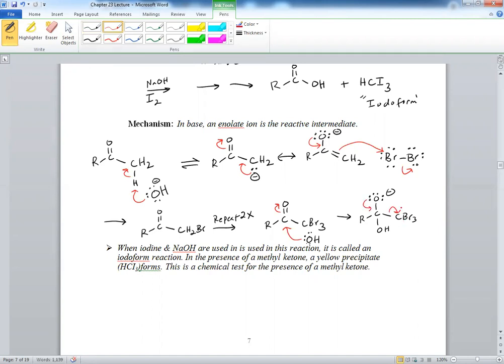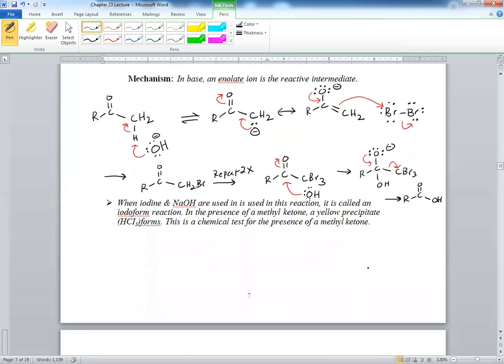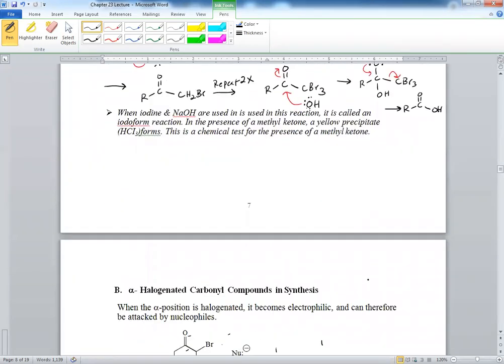It's a better leaving group because you have 3 bromine atoms attached. They actually have the inductive effect. And then you end up with this, which, by the way, can be in the carboxylate ion form as well. And then, of course, it gets protonated. So that's the alpha halogenation for base promoted and acid catalyzed.